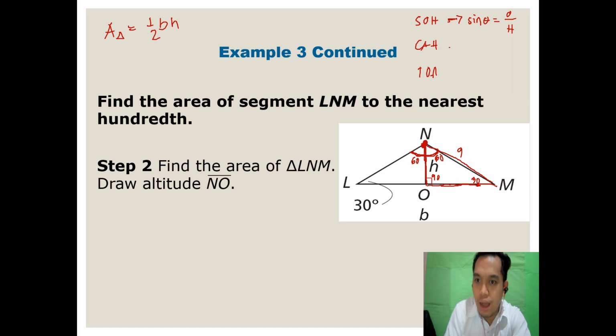Then ang CAH is cosine theta equals adjacent over hypotenuse. At yung TOA naman, class, is tangent theta equals opposite over adjacent.